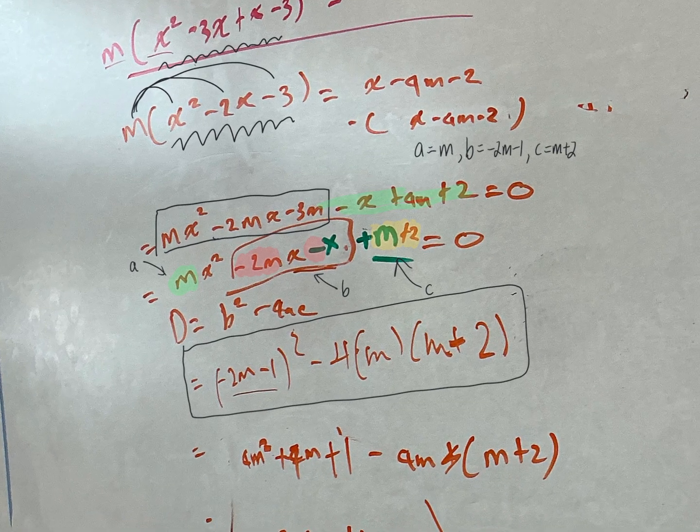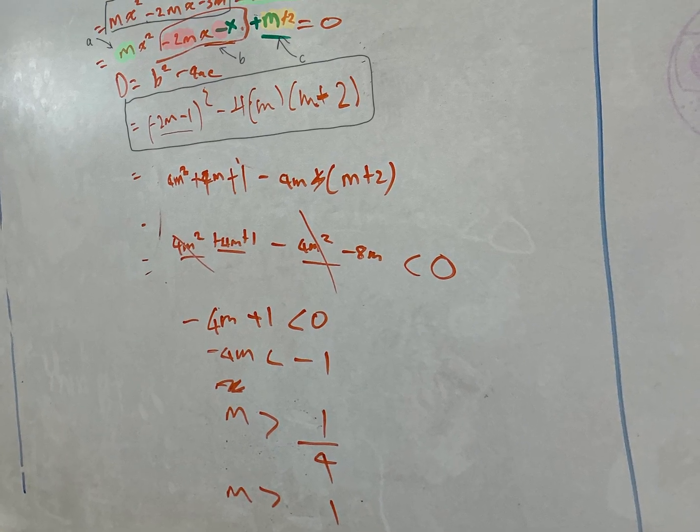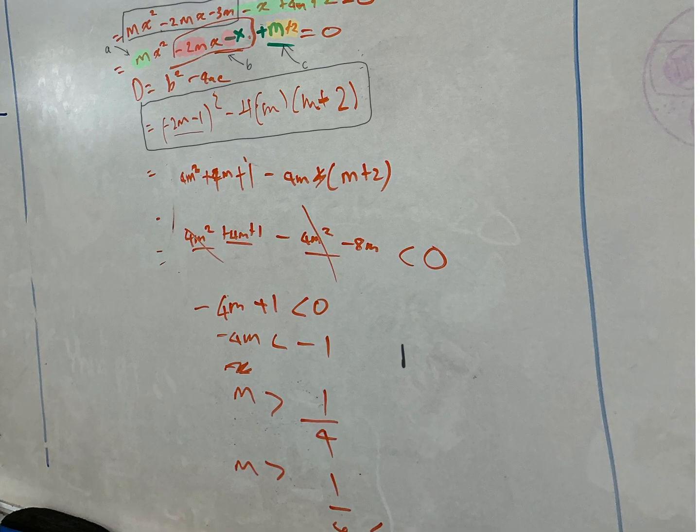And then if you expand everything out correctly, you should finally get your answer to be m greater than 1/4. Go and expand everything out correctly and see where you went wrong with the answer.